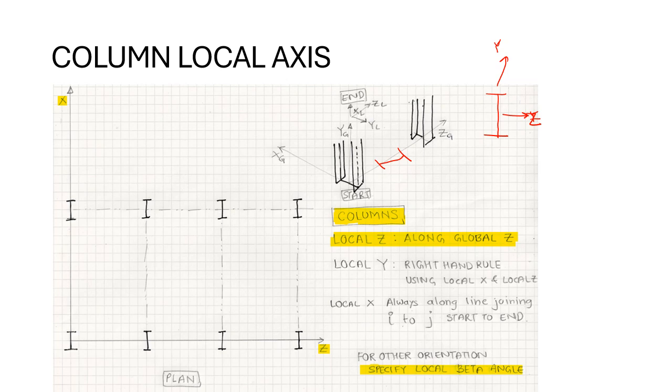That's why for a beam, when we do 2D analysis, we check the Mz moment. So this was about local axis and global axis. Similarly, for plates also we can find the local plate axis.